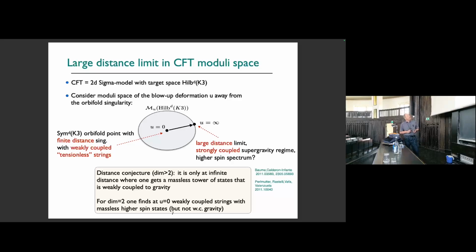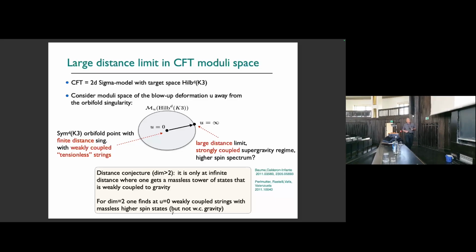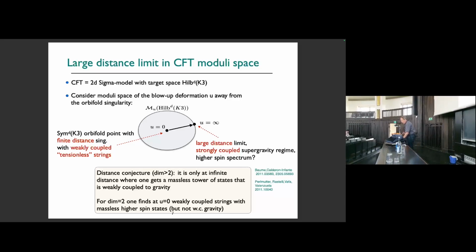So this is a higher spin tensionless string regime, which is a perturbative genus expansion, but is not weakly coupled to gravity in any way. First of all, gravity doesn't propagate in 2 dimensions. So it's a bit of a puzzle how this regime, which is very well investigated in the AdS literature, fits into this weak gravity philosophy.